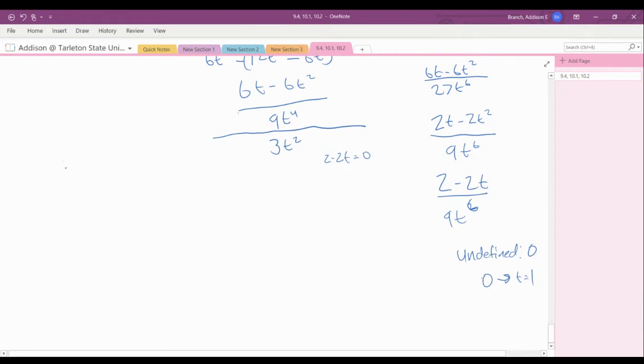So we can go ahead and set up our bounds. We get negative infinity to 0, 0 to 1, 1 to infinity.